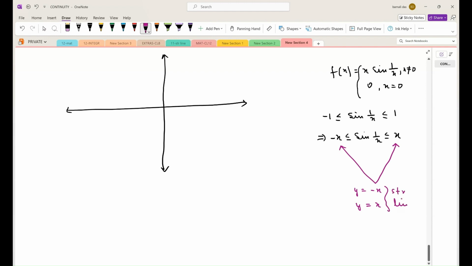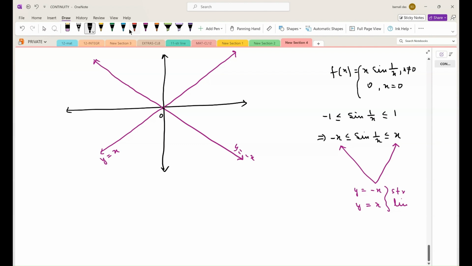So now if I draw the lines, this is my y equal to x and this is my y equal to minus x. So this is 0.